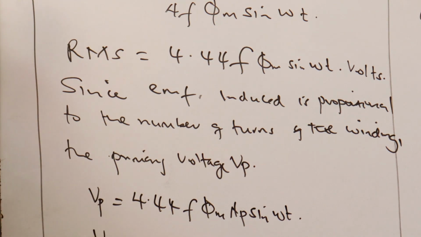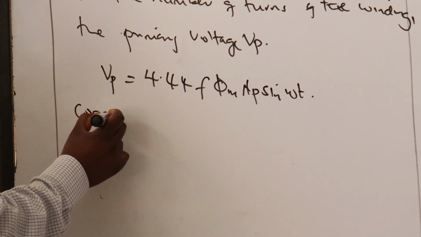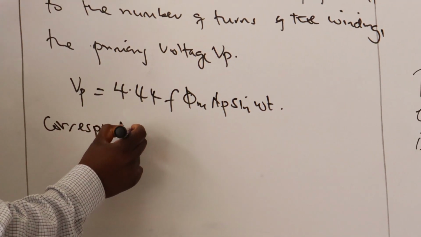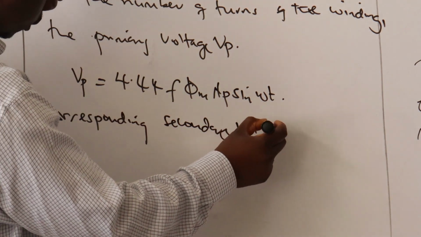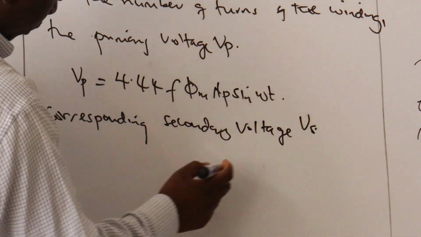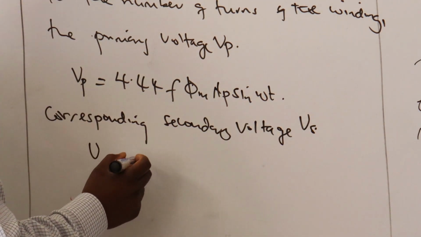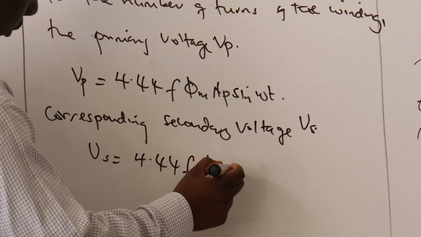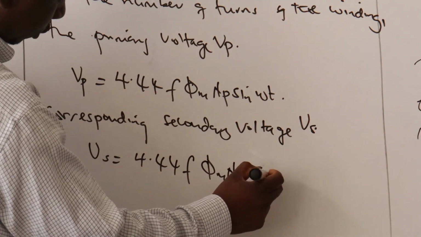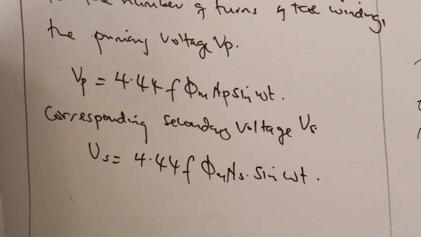And for the corresponding secondary voltage, Vs will be 4.44 F phi m Ns sine of omega t.